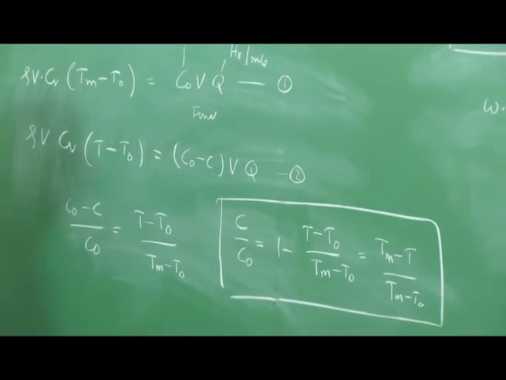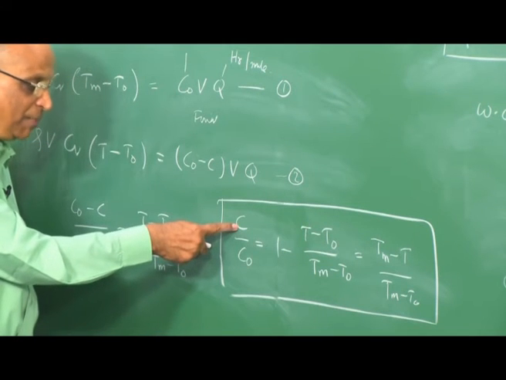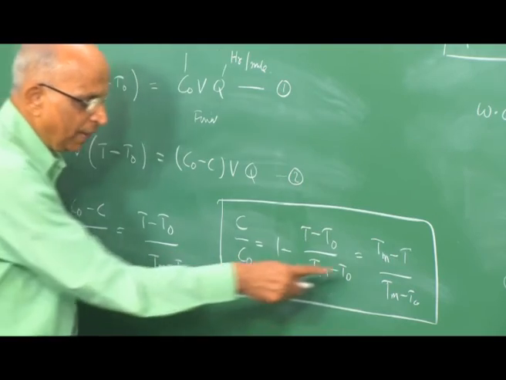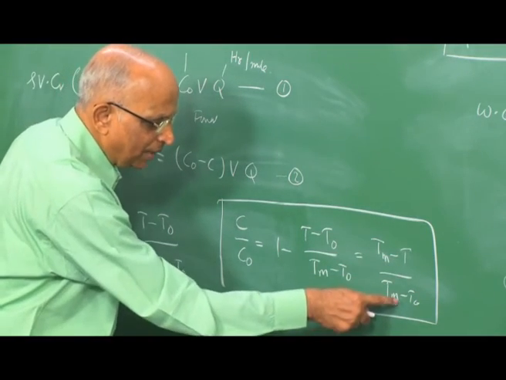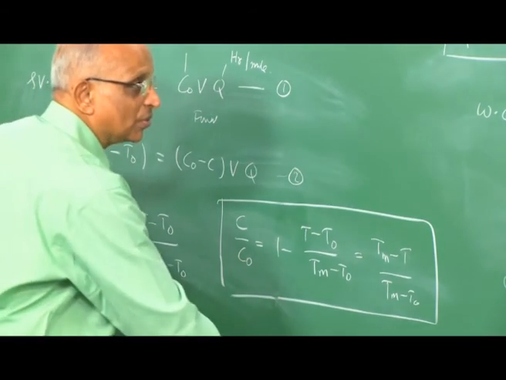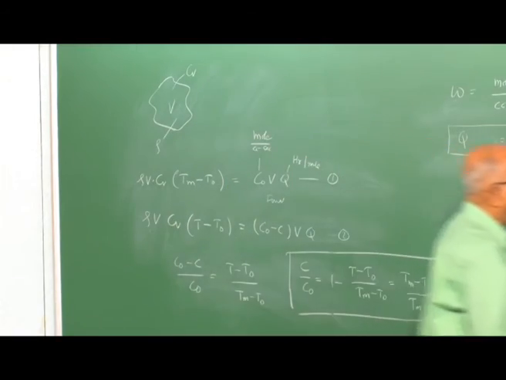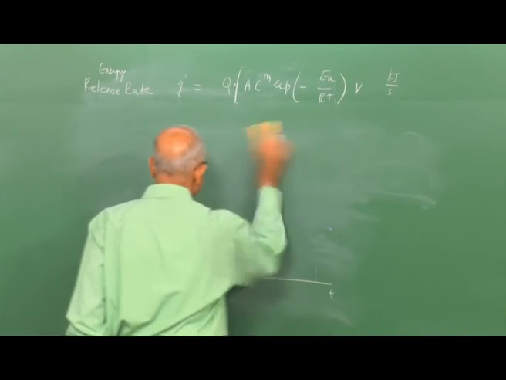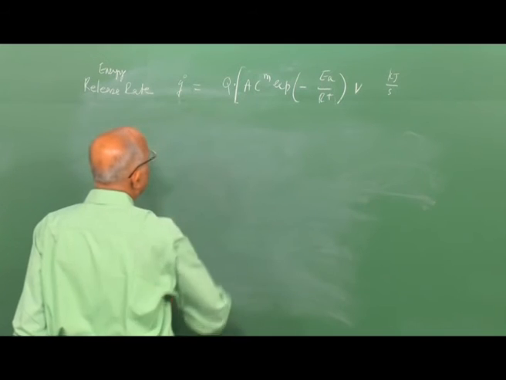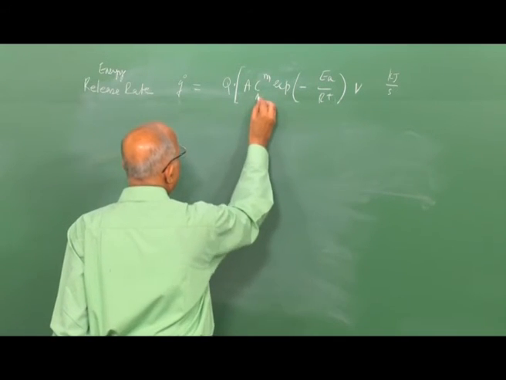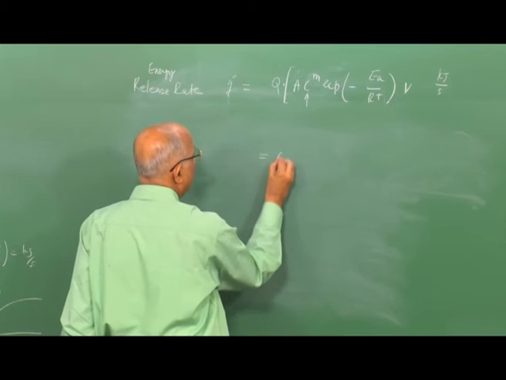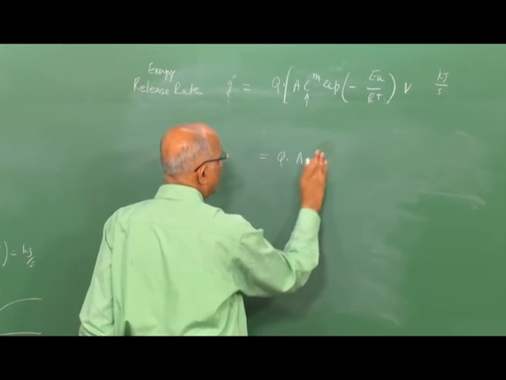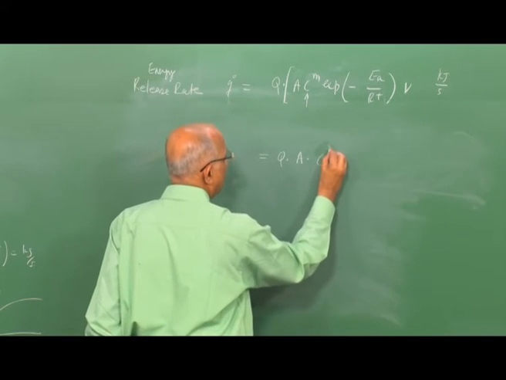Therefore, in the particular reaction in which I had concentration at any particular time, I can substitute C equal to the initial concentration into Tm minus T divided by Tm minus T0, and let us do this for the equation which we have already written over here. In other words, I am substituting the value of C by the value which we just obtained: Q dot is equal to Q into A into C0, the initial concentration, to the power m.